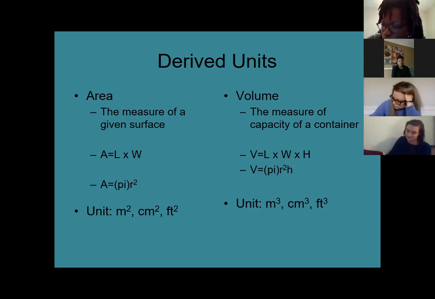Ultimately, what you're multiplying are 3 units of length. So your units are basically distance cubed. So if it's MKS and SI, it's cubic meters. If it's CGS, it's cubic centimeters. And if it's British, it's cubic feet. Because you're looking 3-dimensionally at a container and how much it will hold.